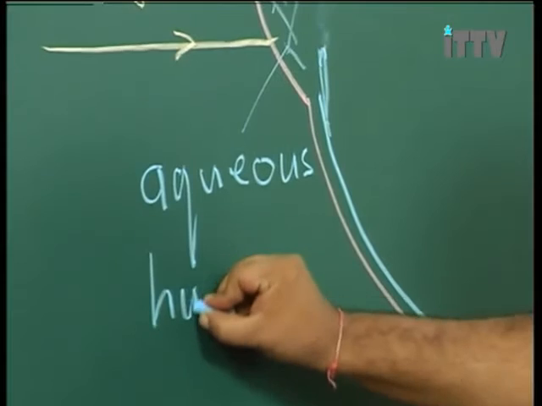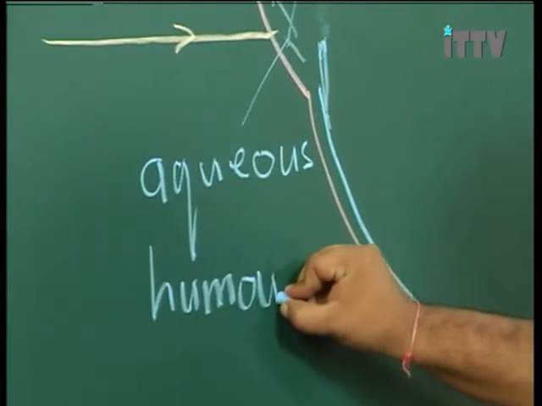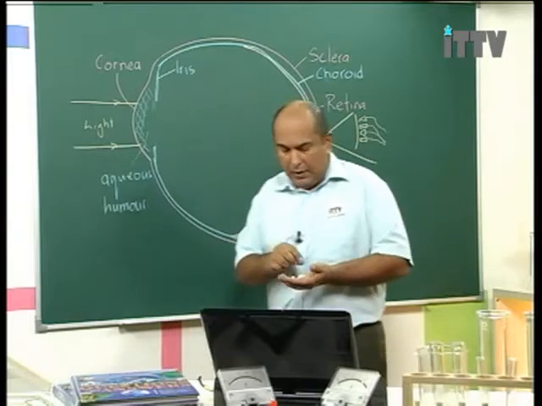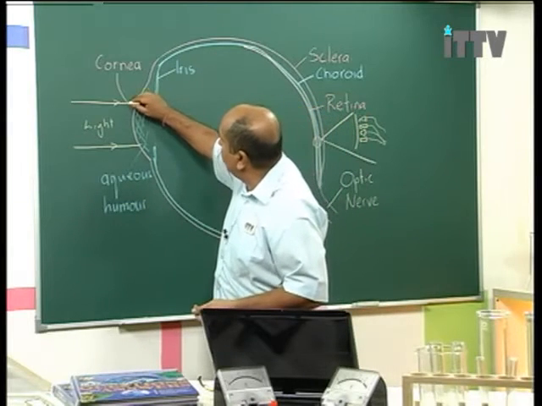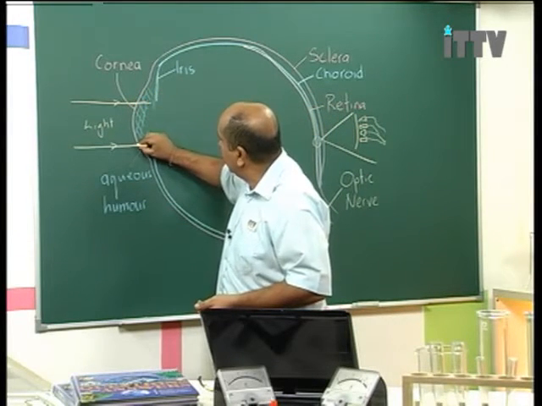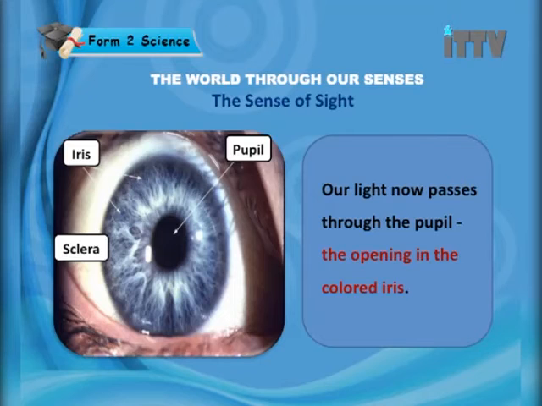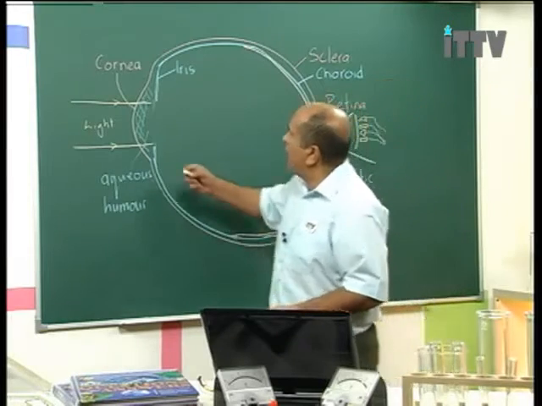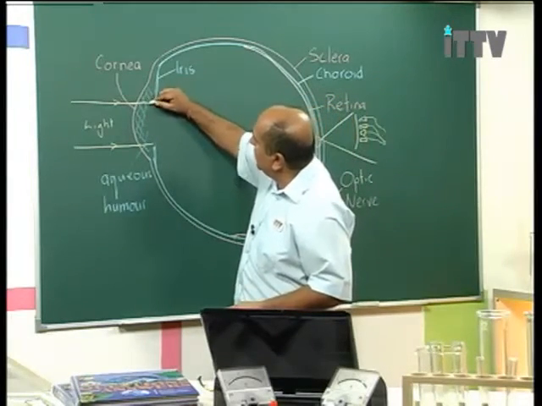Aqueous humor. So now our light keeps going. It travels through the aqueous humor like so. Our light now passes through the pupil, the opening in the colored iris. Right, so our light now has reached this area here.